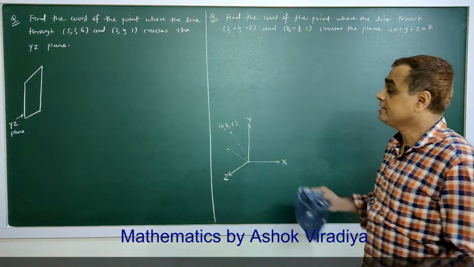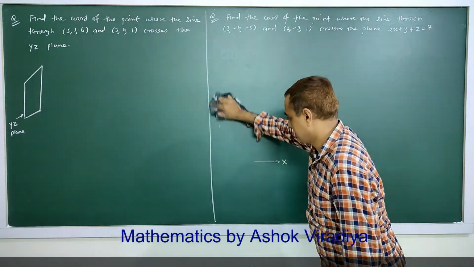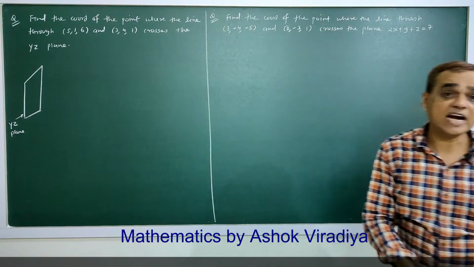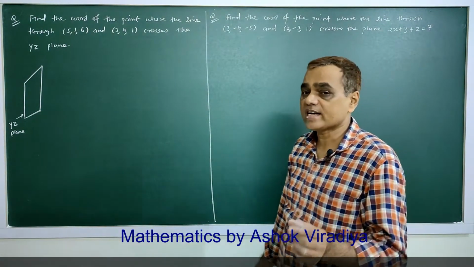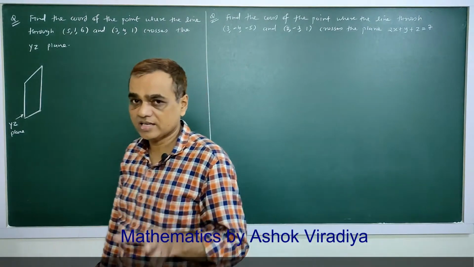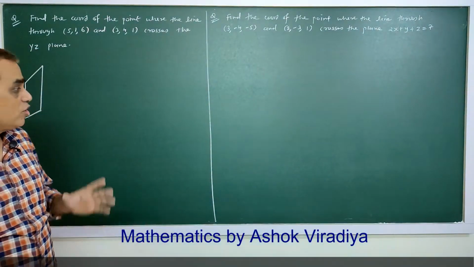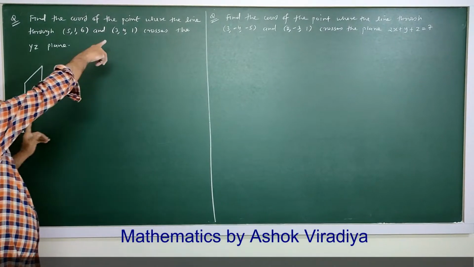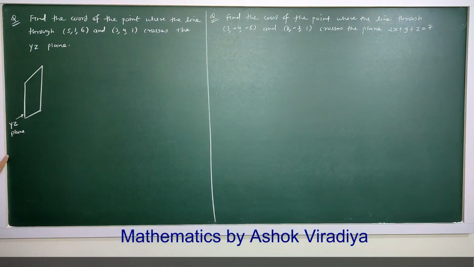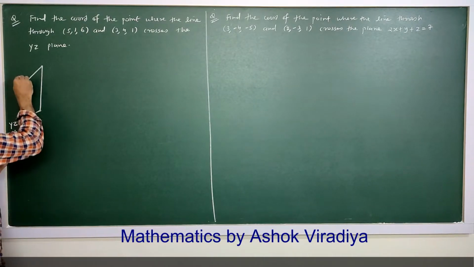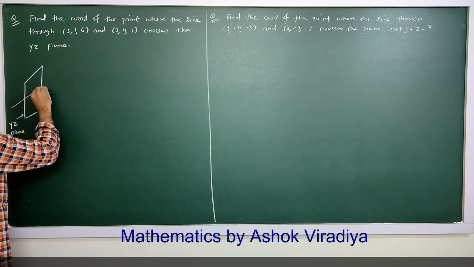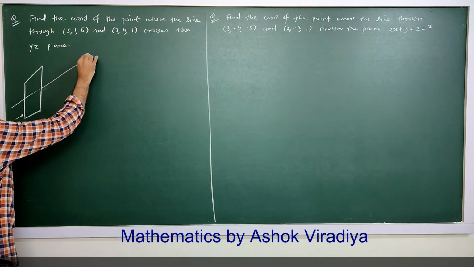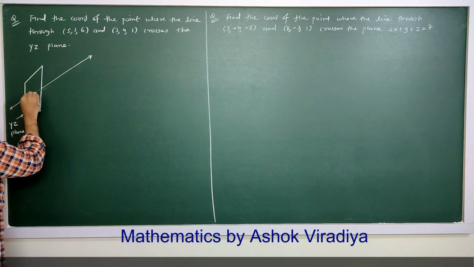Similarly, every point on the xy plane has z coordinate 0. Every point on the xz plane has y coordinate 0. Here a line through these 2 points is crossing the yz plane.